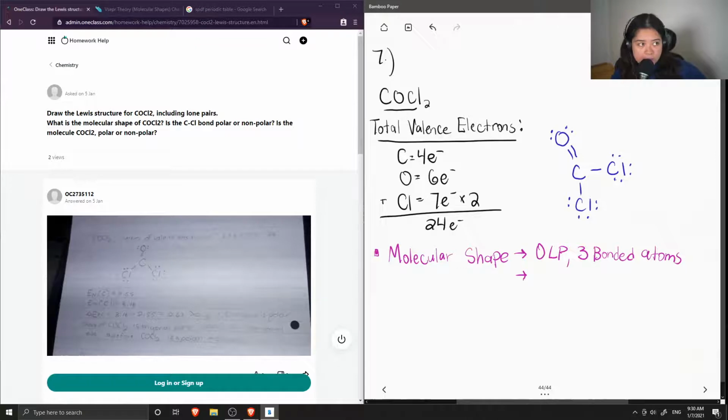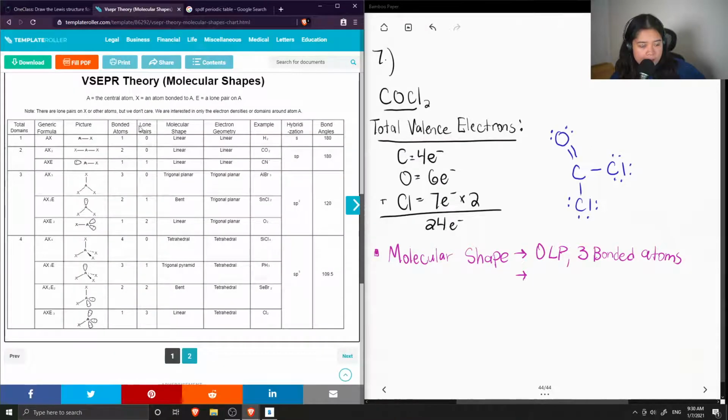So now let's use the VSEPR table to find out its molecular shape. If we look at the total domains, that is 3. So when we have 3 bonded atoms and 0 lone pairs, the molecular shape is trigonal planar.